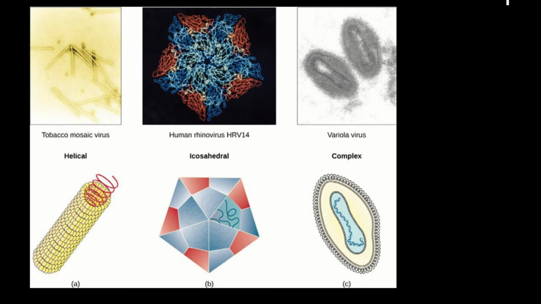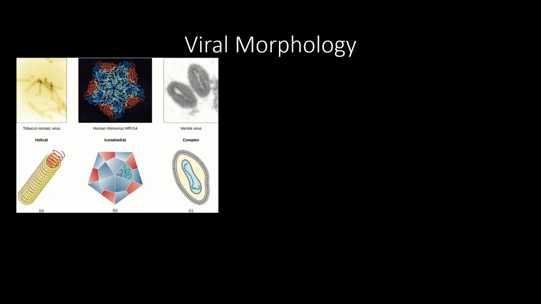Enveloped viruses have membranes and derive from the host cell's phospholipids and/or proteins. HIV and SARS-CoV-2 are examples of this. Most enveloped viruses infect animal cells. And another common one are head and tail viruses, which infect bacteria and have a head similar to an icosahedral virus and a tail shaped like a helical virus.